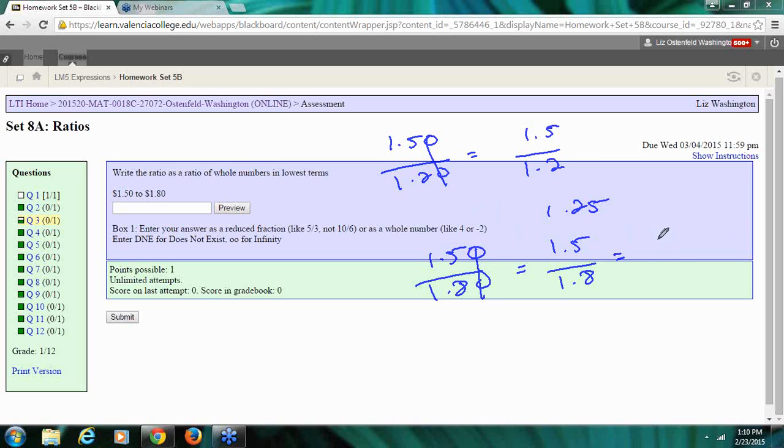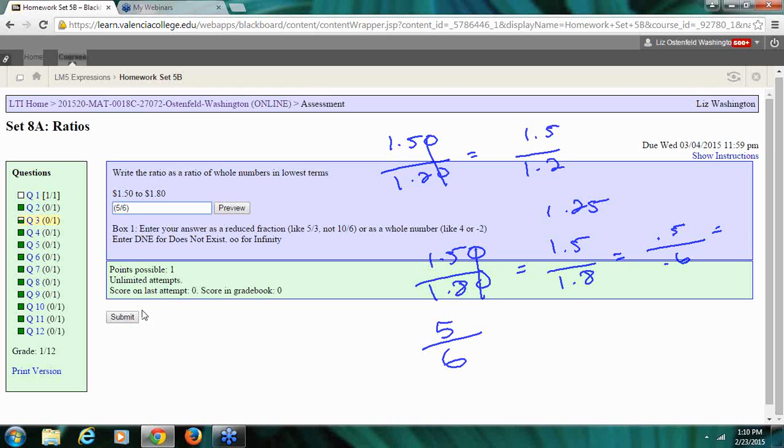I don't know if it wants me to do that though. 0.6. I'm going to make that a 5. 6. Let's see if it likes that. Okay. I don't know if it will, but we're going to find out.